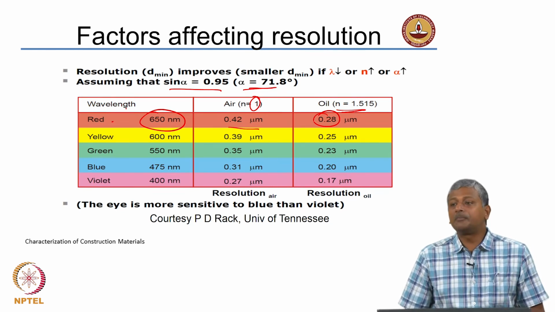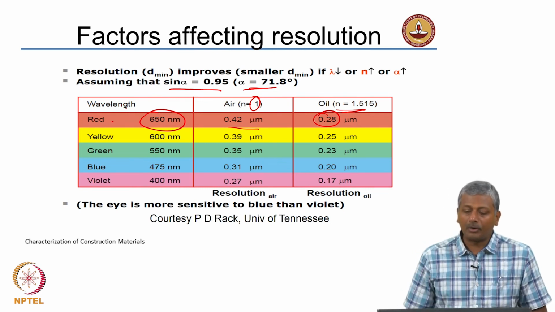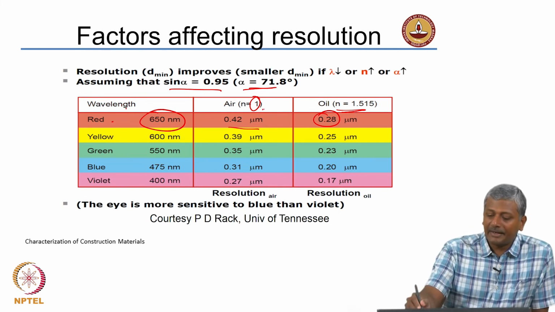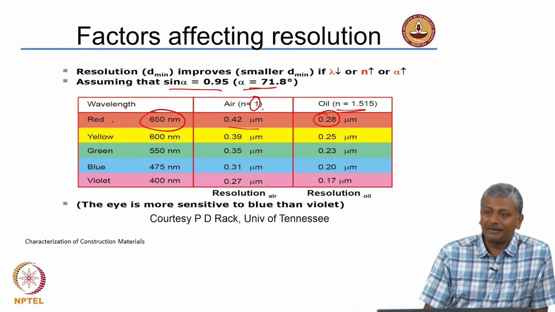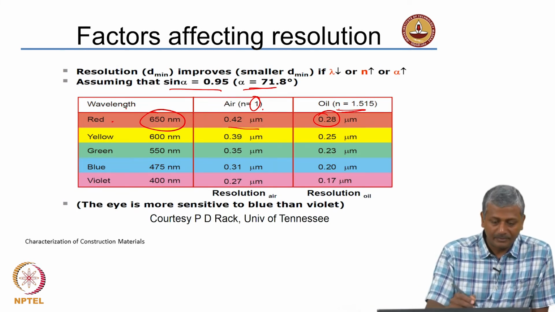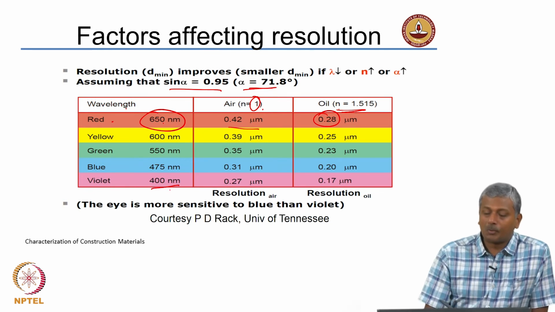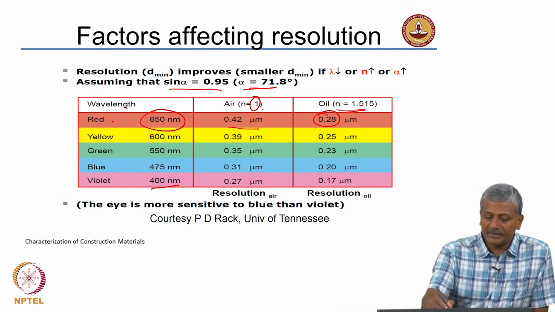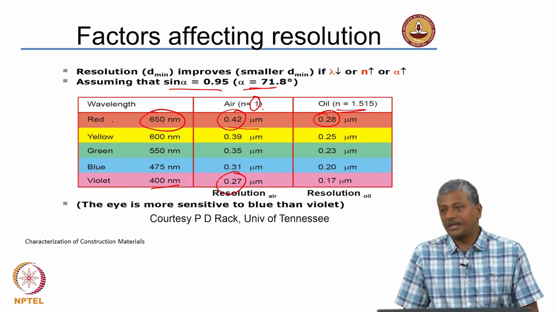So, a 30% improvement in resolution has been obtained by putting oil in between. Now, that is comparing air and oil. But what if you compare different wavelengths of light? We know that red is the largest wavelength, violet is the smallest wavelength, and look at the comparison here, 0.42 and 0.27, just by using air.